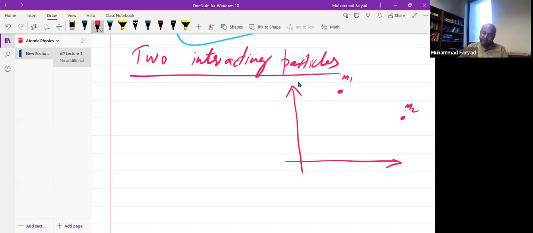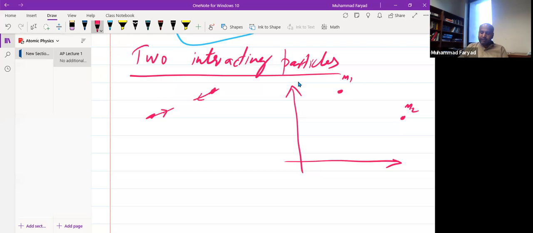Central forces are forces of this type. For example, you have two particles. A central force means that if there is an interaction between them, either repulsive or attractive, its direction passes through the centers of these two particles. So this is the type of interaction that we would be interested in.